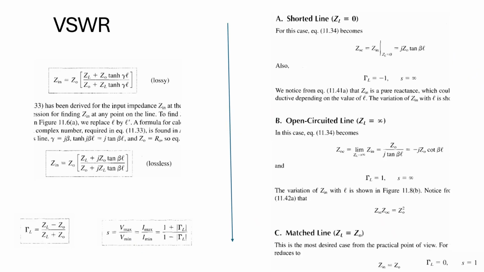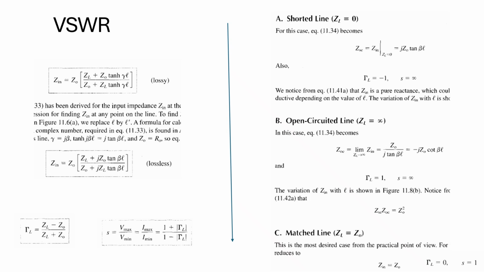Before going to discuss the fifth unit, there are some key points that you should cover. These things are not in the syllabus, but still they are very important topics, that is VSWR, voltage standing wave ratio. Z in will be Z naught times (ZL plus Z naught tanh gamma L) divided by (Z naught plus ZL tanh gamma L).